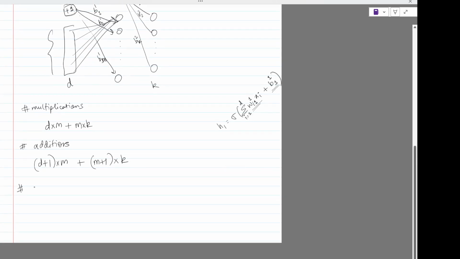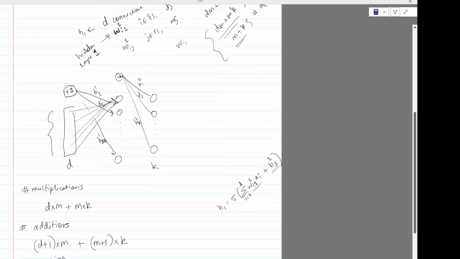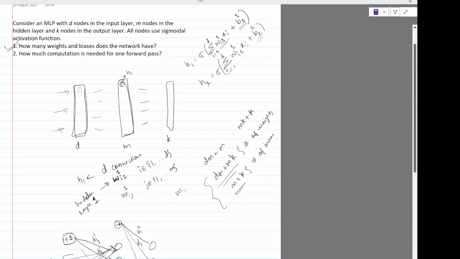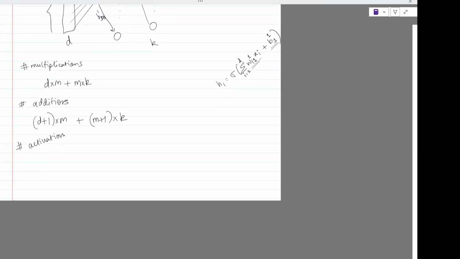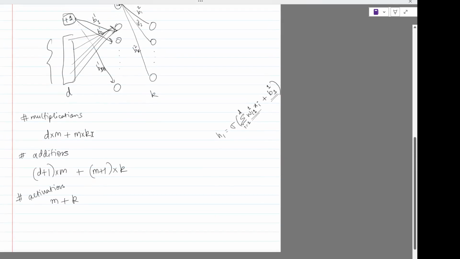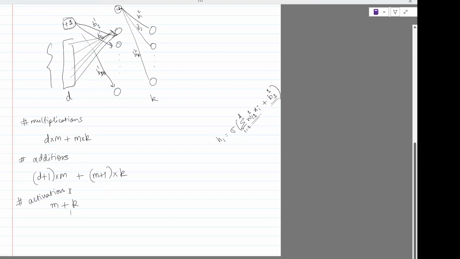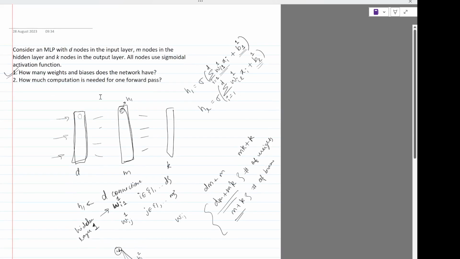And number of activations. In the hidden layer, there are m nodes, so m activations in the hidden layer, and k activations in the output layer. In the input layer, there are no activations. So m plus k activations. So these, you can say, are the total number of operations, computation that is needed in one forward pass.